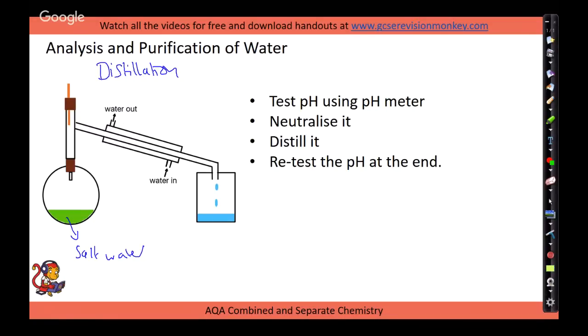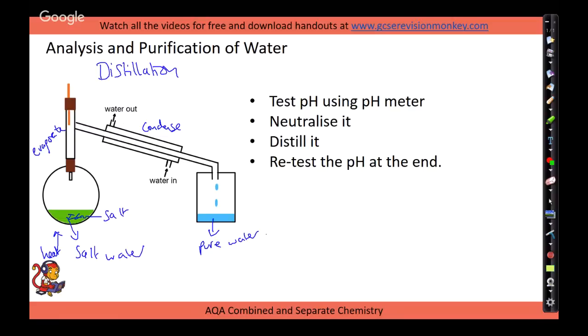We can put that in there, we can heat it up, and we will evaporate it, and then we will condense it. And in here, we should be left with our salt, and in here, we should have pure water.